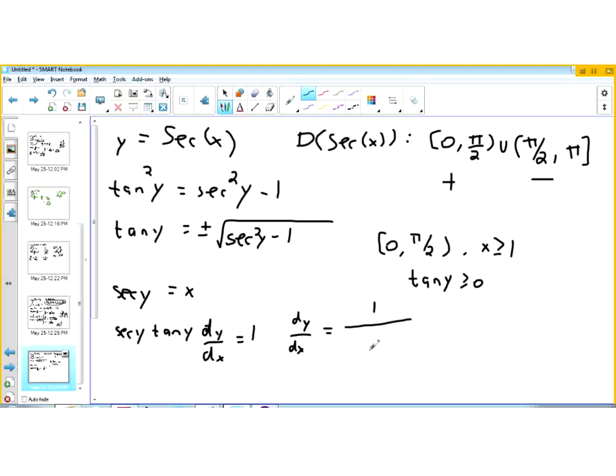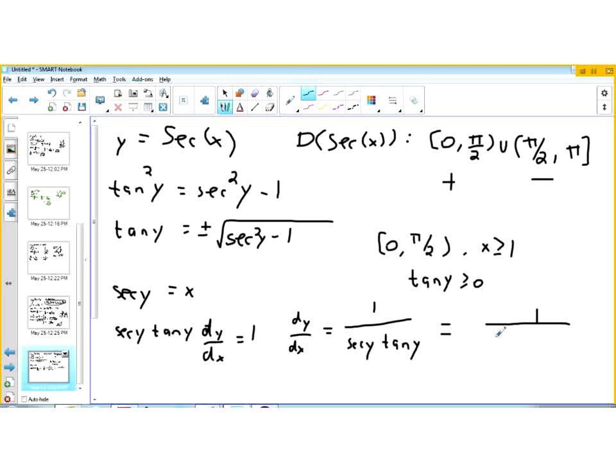is equal to 1 divided by secant y tangent y. Okay, and since we're on the interval 0 to pi halves, the tangent y is positive.